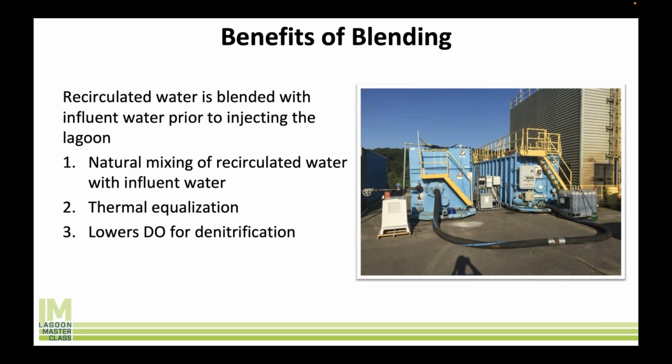We also have low dissolved oxygen in that influent stream, so that's awesome, right? We also have warmer water in that influent stream coming in versus what's being recirculated, so that's great. We're actually increasing the temperature of the water, which we know increases microbial activity. And I have a theory that the water being in the pipe creates a very nice condition where we actually might get some denitrification in the pipe.